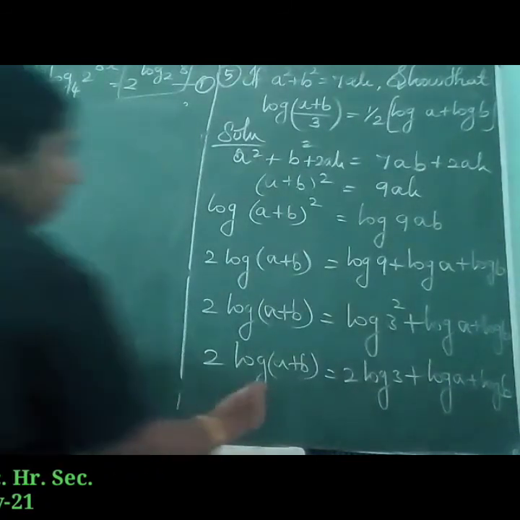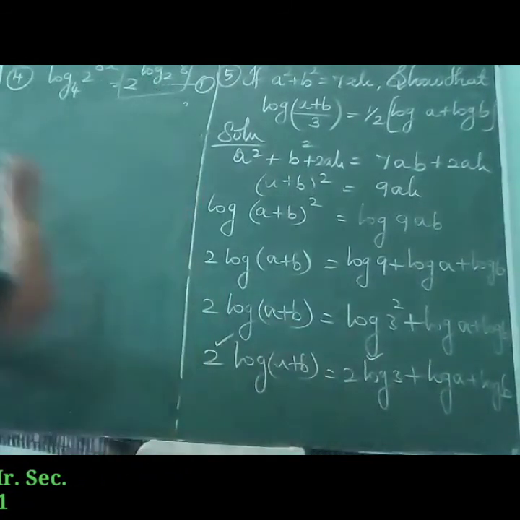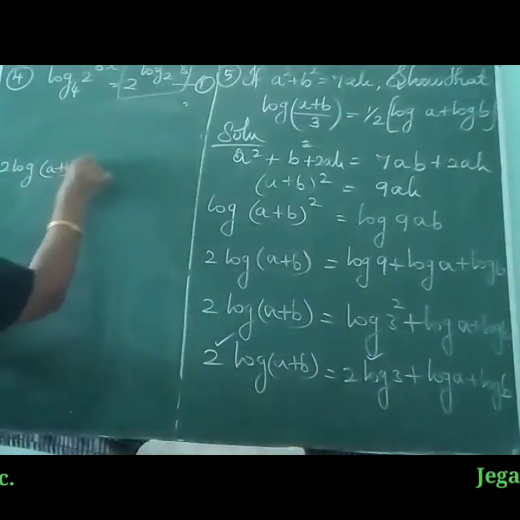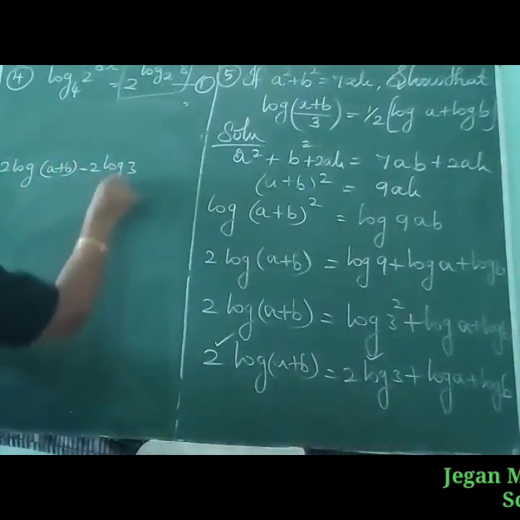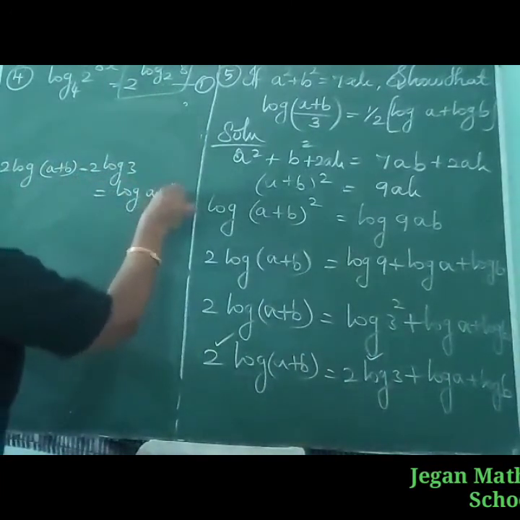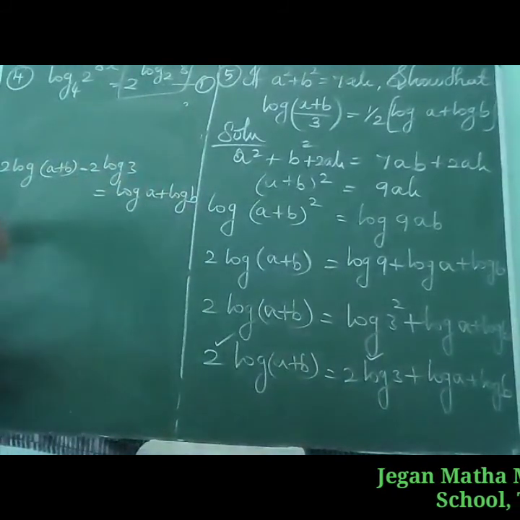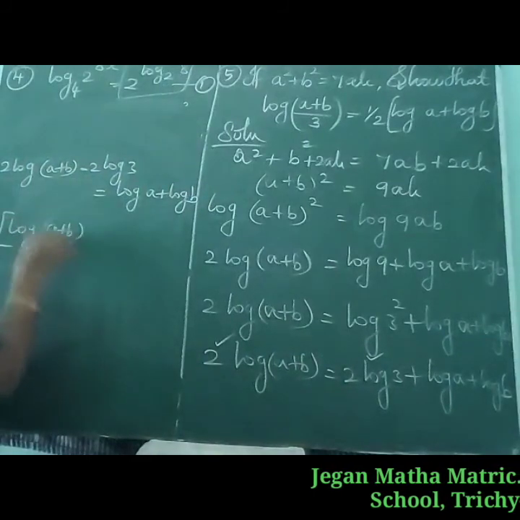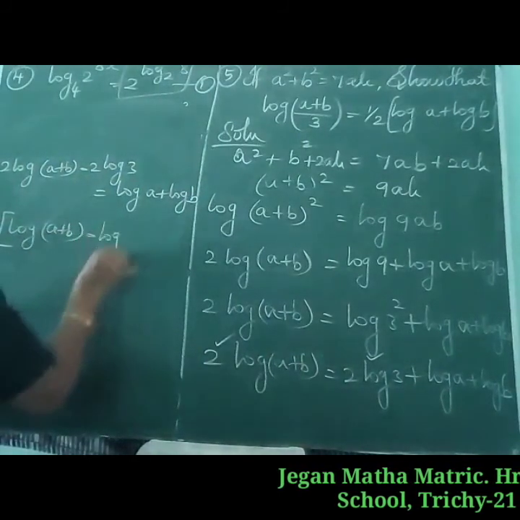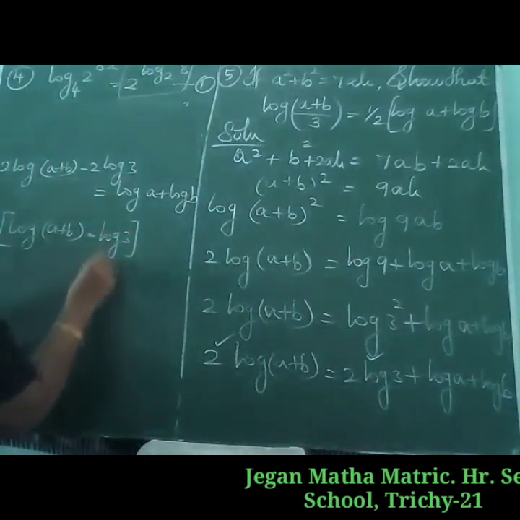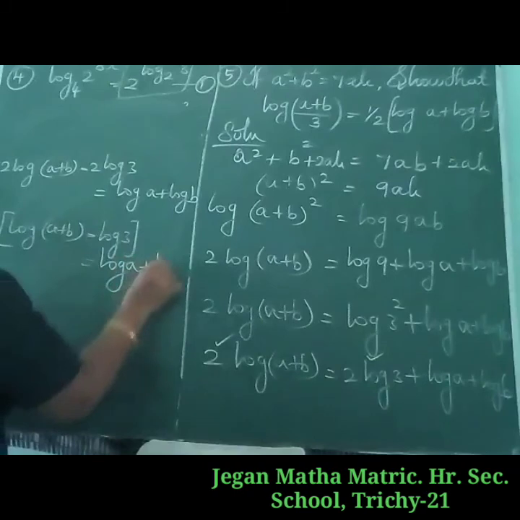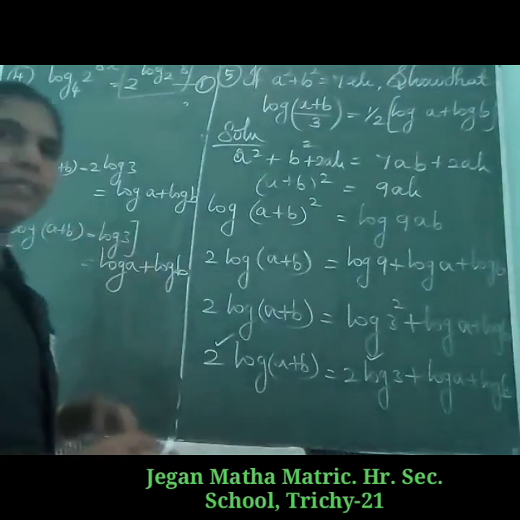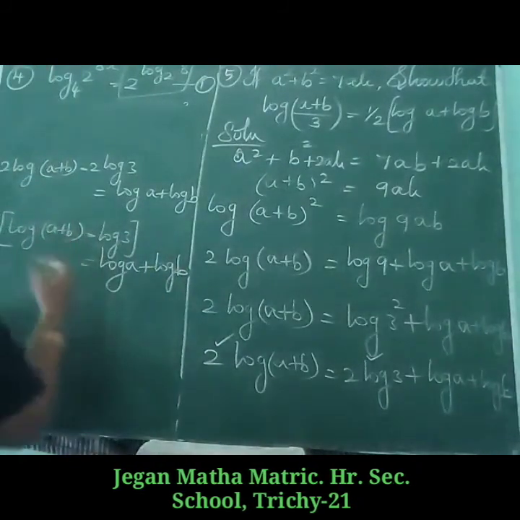Next step, these two terms you can combine together. That is 2 log A plus B minus 2 log 3 is equal to log A plus log B. On the left side, 2 common: log of A plus B minus log 3 equal to log A plus log B. Subtraction is given, means you can combine together and write in division form.